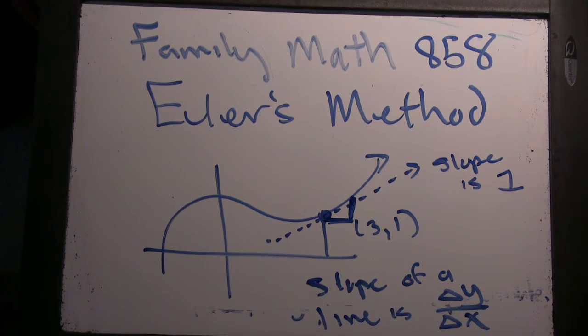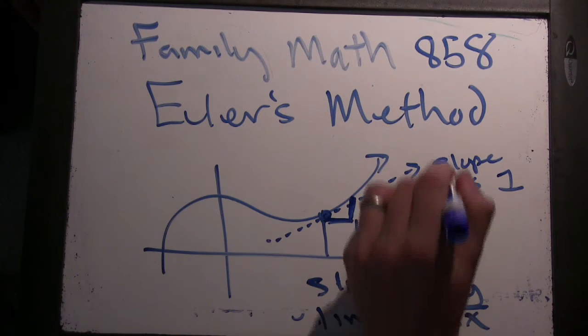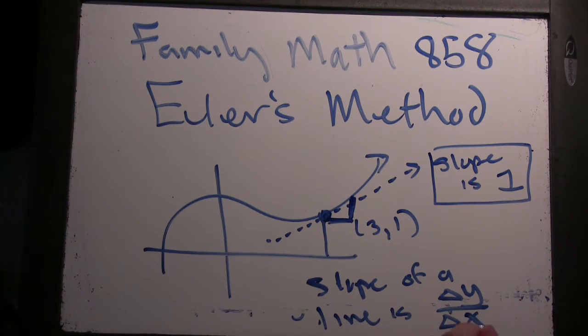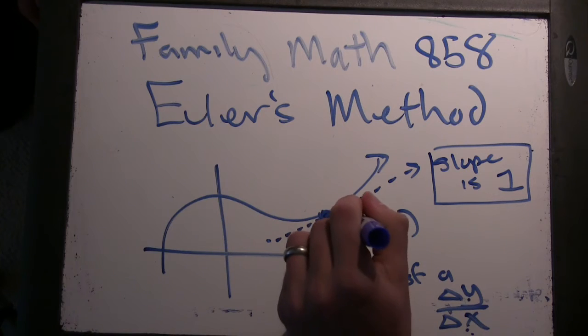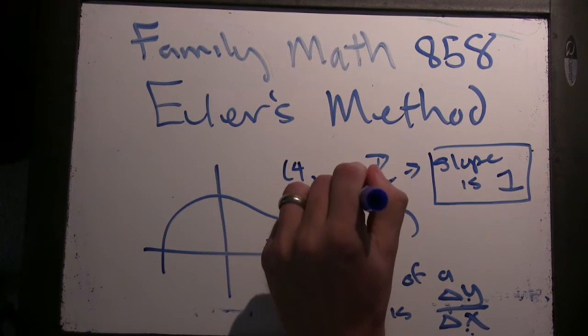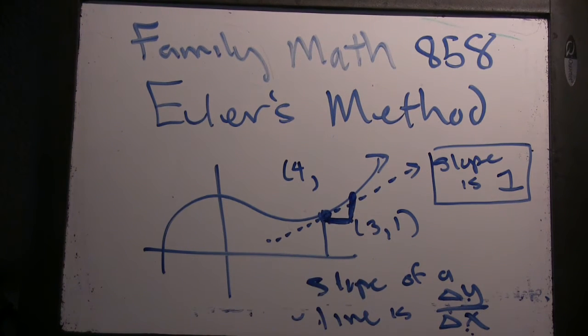So if the slope is 1 here, that means for every change in x, the change in y is the same. So if I go over 1 to 4, where would I expect the y value to be approximately for this function? 4, 2.